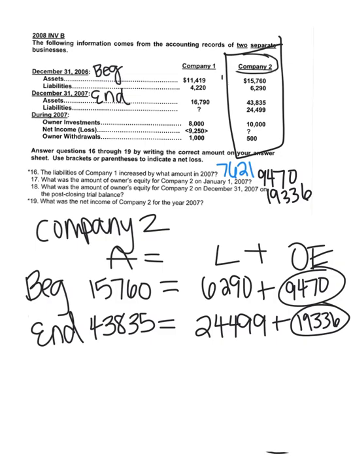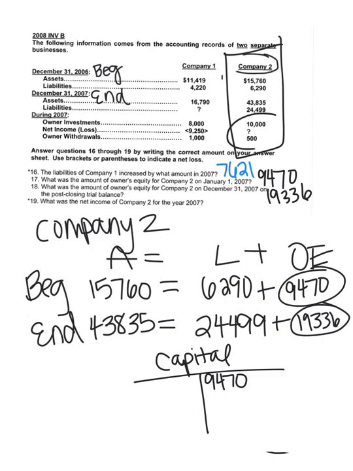And then last thing, what was the amount of net income of Company 2 for the whole year of 2007? So we'll have to draw a T account. We know that beginning was $9,470 for owner's equity. Also in this box here, I see I invested $10,000, or the company invested $10,000. I don't know the amount of net income, so I'm going to leave a circle. But I do know that the amount of withdrawals is $500.